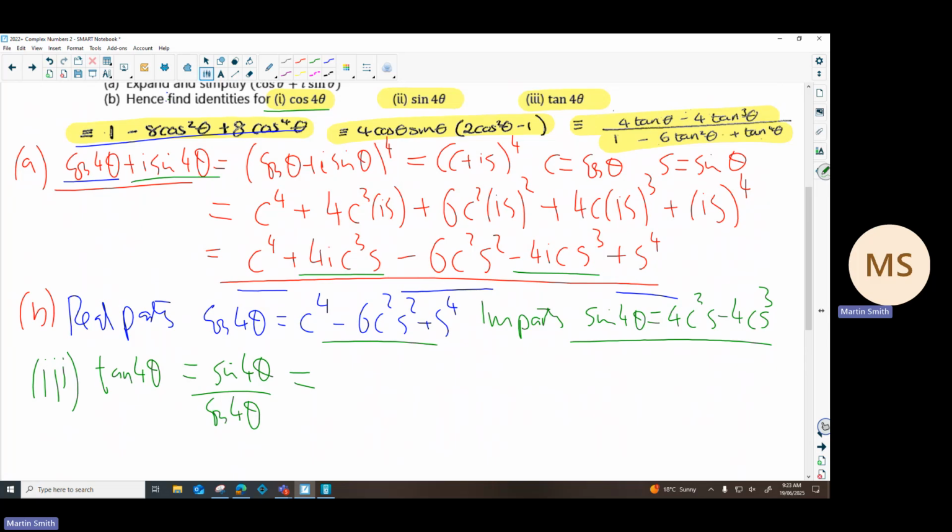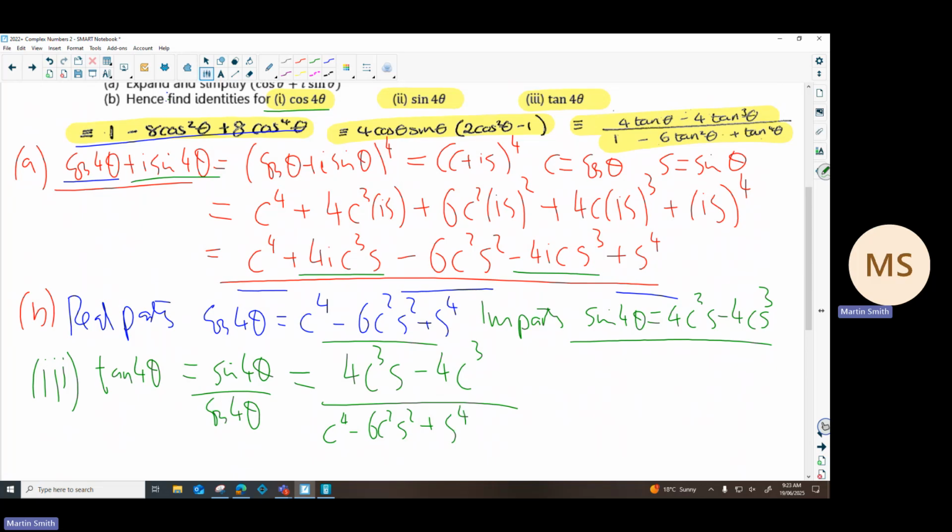And I've already got my expressions for sine 4 theta and cos 4 theta. It's the unsimplified forms you want to use. So that is 4c cubed s minus 4cs cubed, all divided by c to the 4 minus 6c squared s squared plus s to the 4.